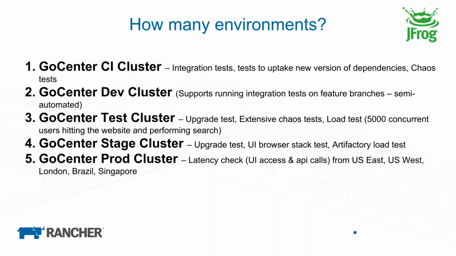We also have a test cluster. So the CI cluster is designed to go through very rapid iterations through the product. So you can commit and it will get into CI very, very quickly. The test cluster is where we run our longer tail tests, right? This is where we do a much more extensive set of chaos tests, a much more extensive set of load tests.